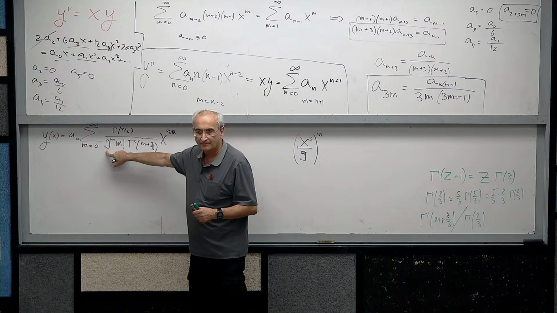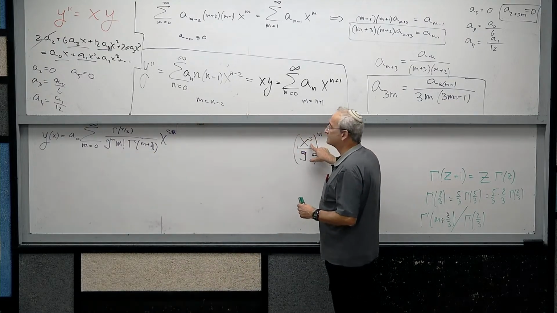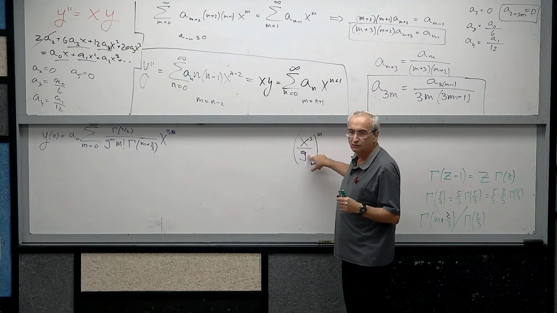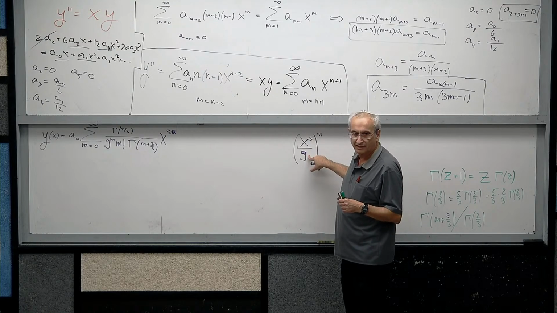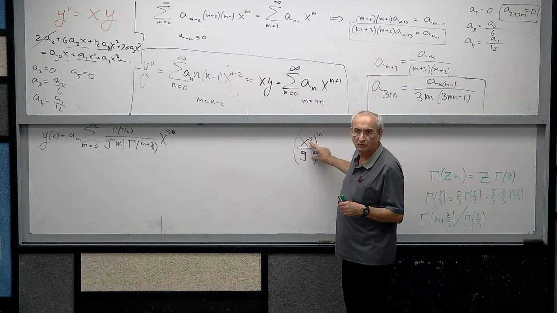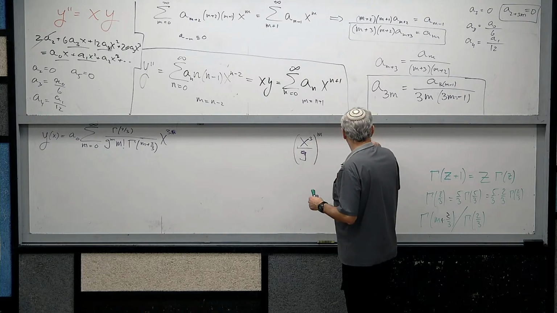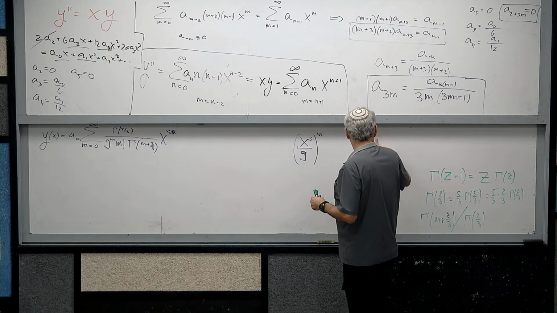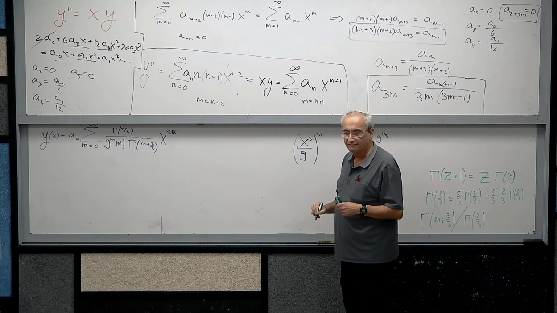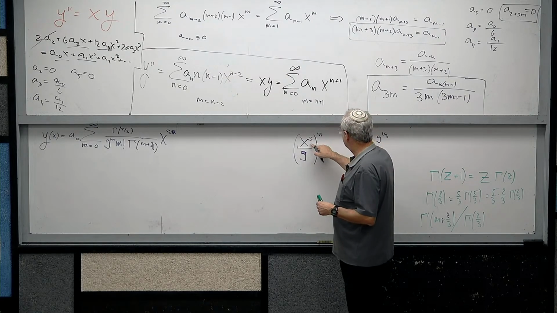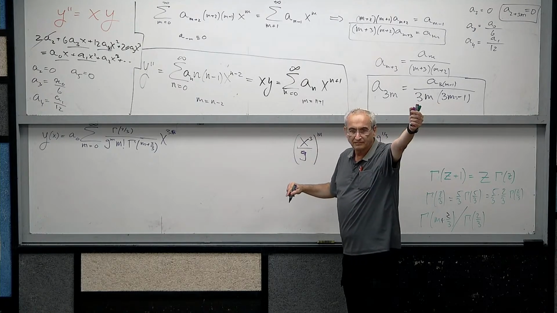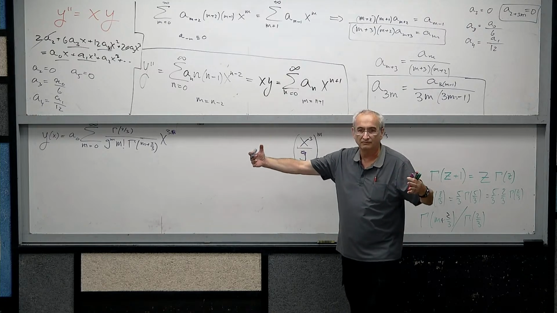If x is smaller than the cube root of 9, 9 to the 1/3, then this is smaller than 1, and as m goes to infinity this term by itself goes to 0 exponentially. Then, of course, the series will converge.